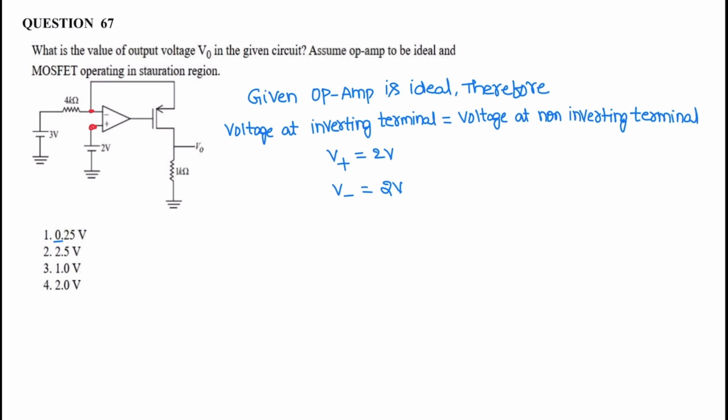Then we need to find the current through 1 kilo ohm resistor and current through 4 kilo ohm resistor. First we will find current through the 4 kilo ohm resistor, that is 3 volts minus 2 volts by 4 kilo ohm, 1 by 4 kilo ohm, 0.25 milliampere. The same 0.25 milliampere current flows down through the MOSFET into the 1 kilo ohm resistor.